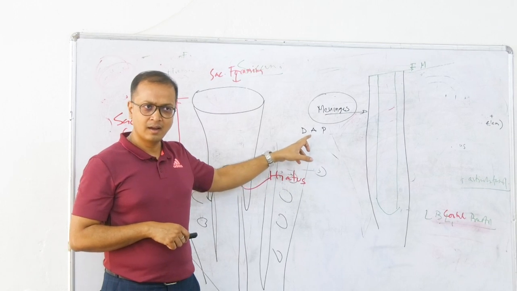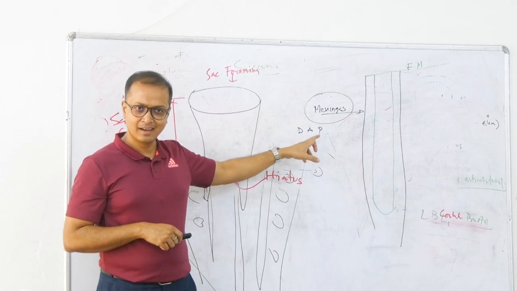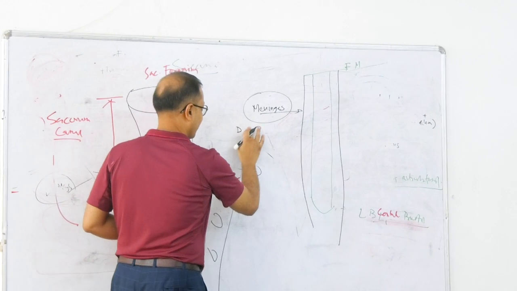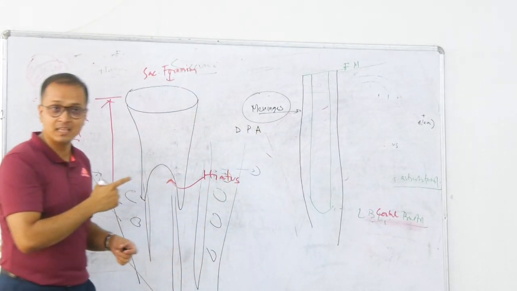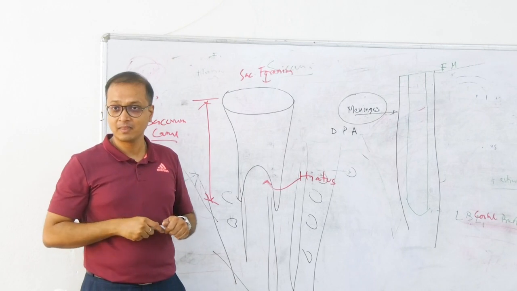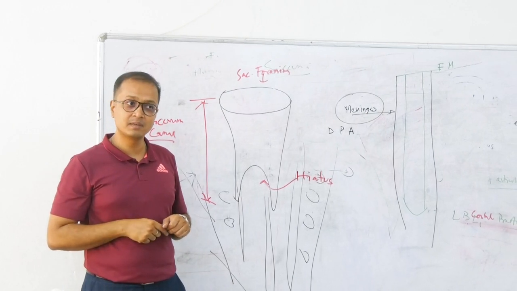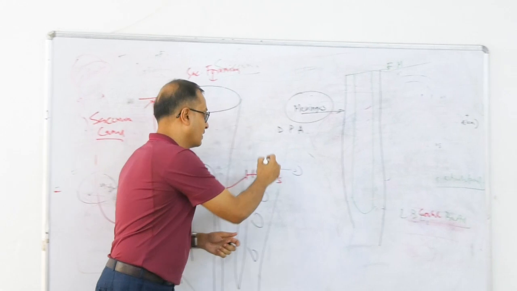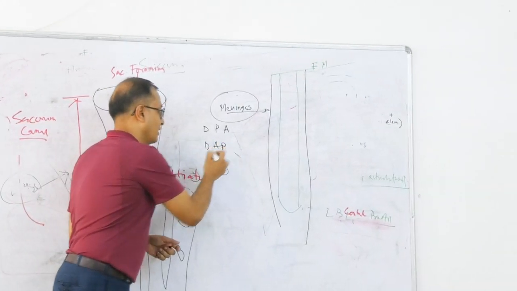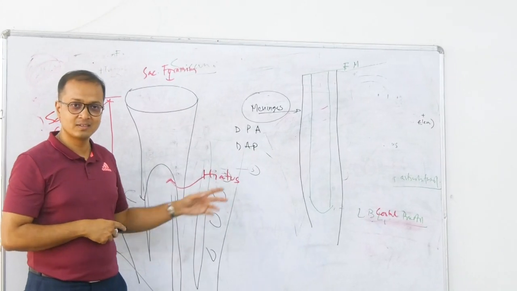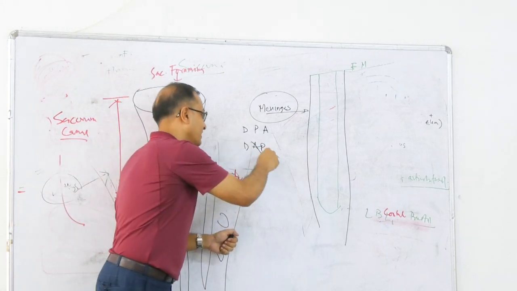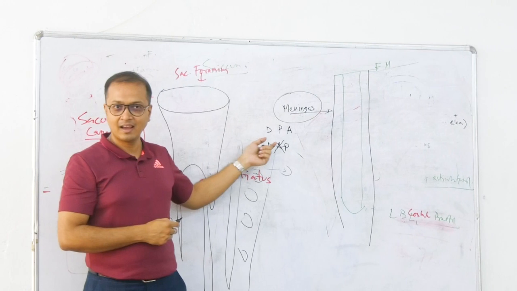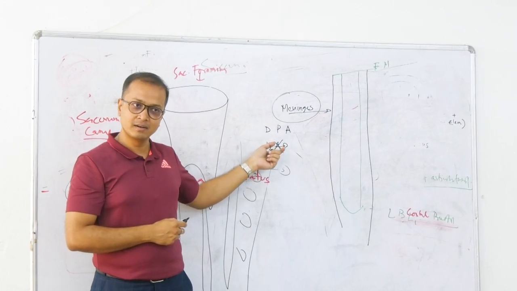Dura, pia. This is the final chance to change it. 100%. Arachnoid is A and B. Or this one. Yes, that's exactly it. Dura matter, arachnoid matter, pia matter.